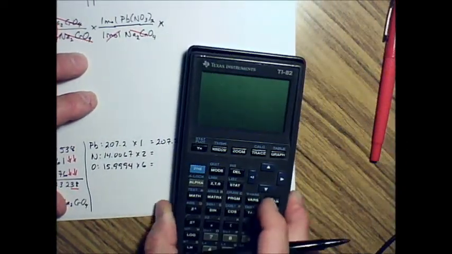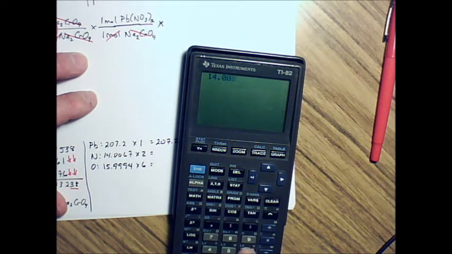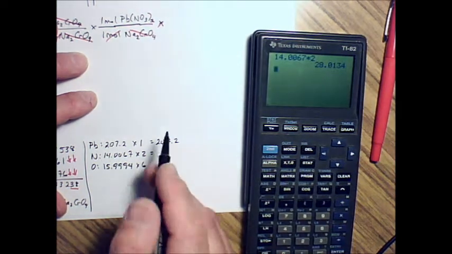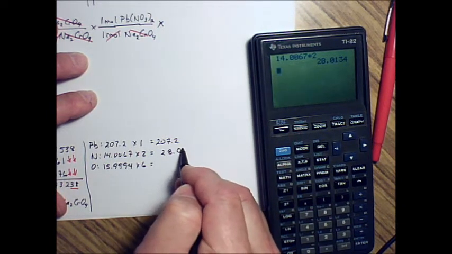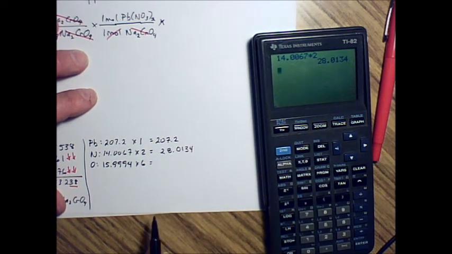All right. 14.0067 times 2. Oh, I did something wrong. Times 2. 28.0134. I'm keeping the decimal place lined up vertically.